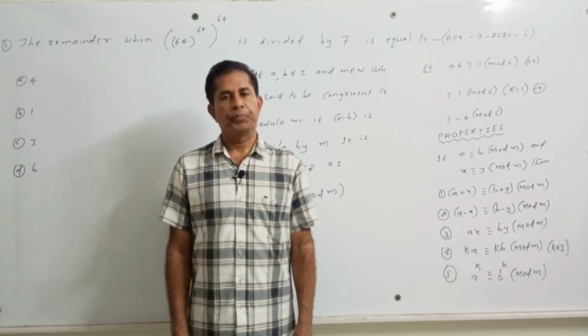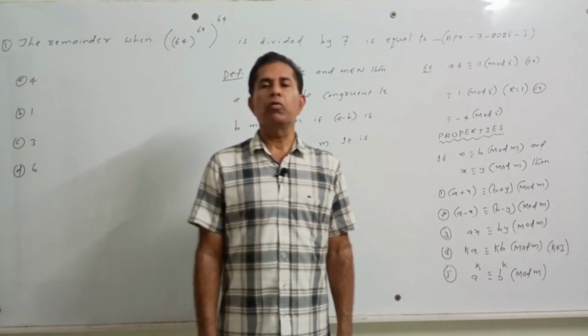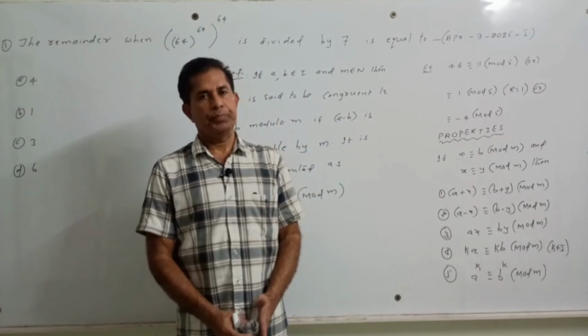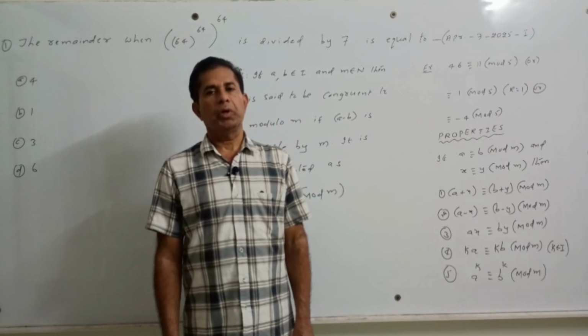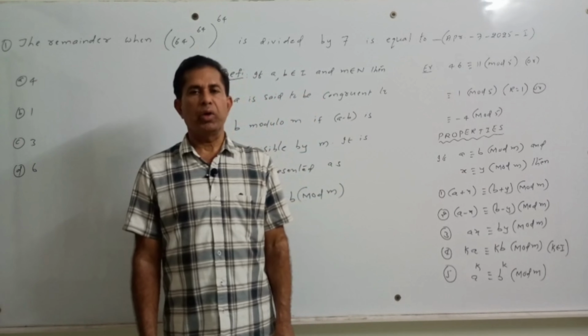Hi everyone. In this video, I will explain how to find a remainder by using congruence modulo m. Before taking the PYQ, you see the definition for congruence modulo m.